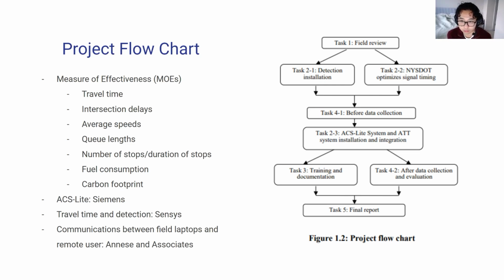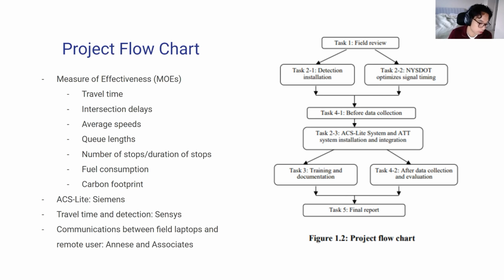As you can see, we have a list of tasks on the right. And to quickly go over the measures of effectiveness that were used, MOEs. So travel time was collected, intersection delays were collected, as well as average speeds, queue lengths, number of stops, duration of stops, fuel consumption, and carbon footprint.